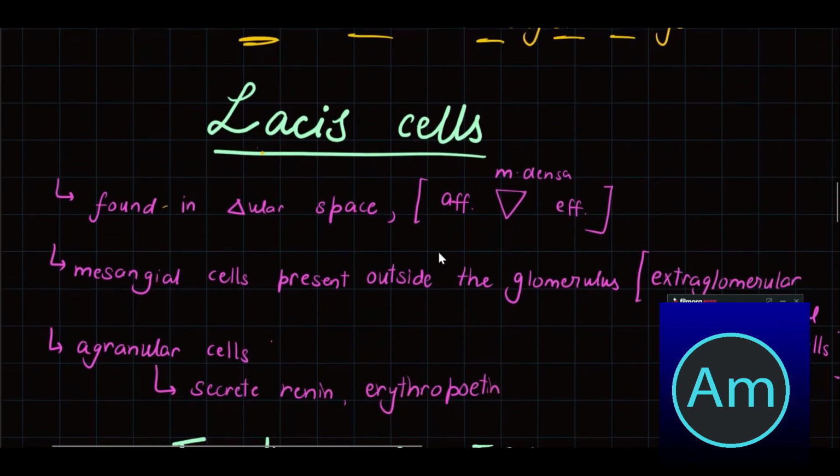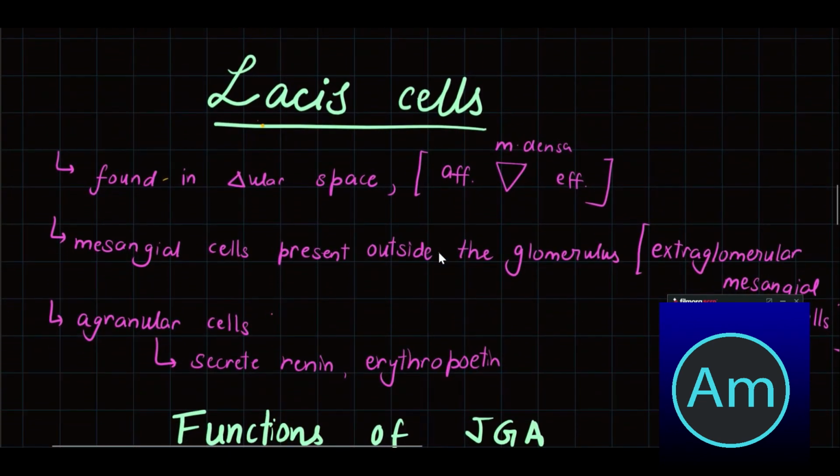Now let's move forward to our next topic, that is Lacis cells, which are also known as extraglomerular mesangial cells. Now these are found in a triangular space. This triangle is formed above by macula densa of the DCT, on the left side by afferent arteriole, and on the right side by the efferent arteriole. So these are present inside this triangle.